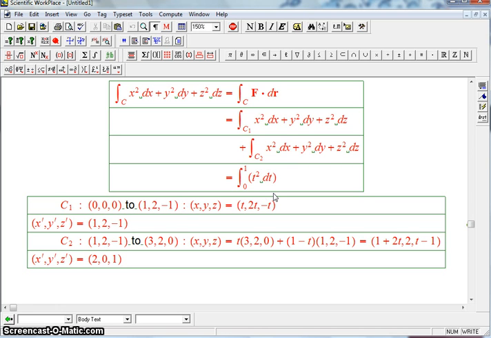Now, that happens to be just dt here. y squared is going to be 4t squared times dy, which is now going to be 2 dt, because dy is y prime, which is dy/dt, which is 2, times dt. So times 2 dt. Plus z squared is minus t quantity squared, so you just get t squared, times minus dt.